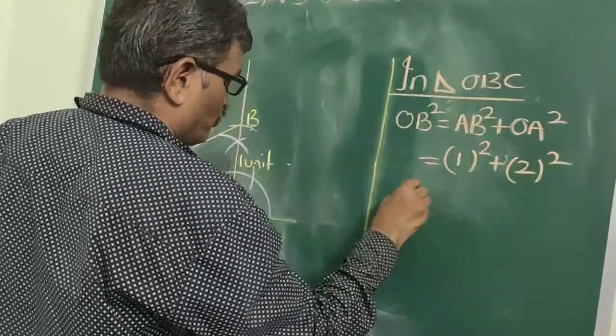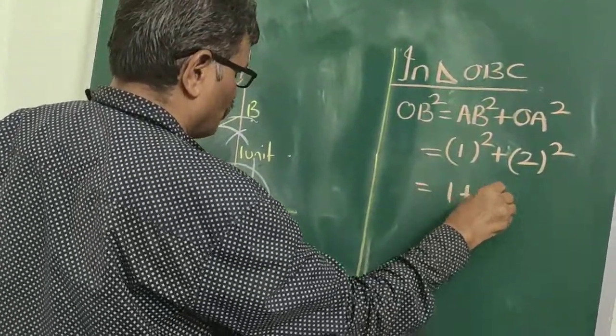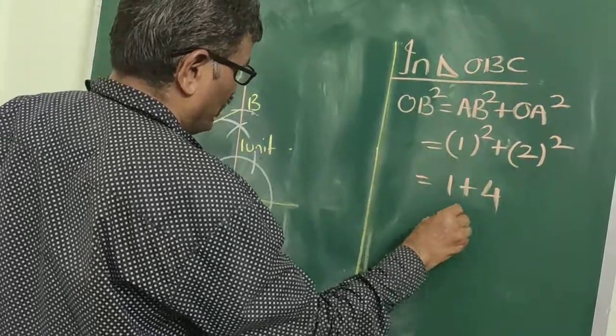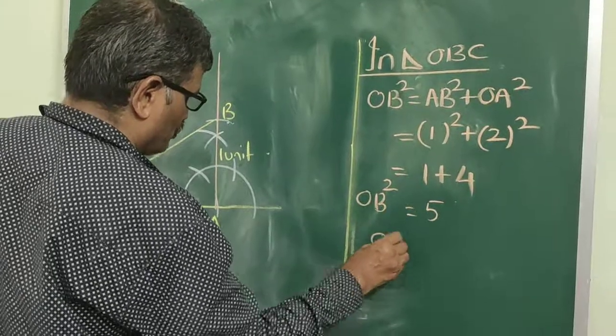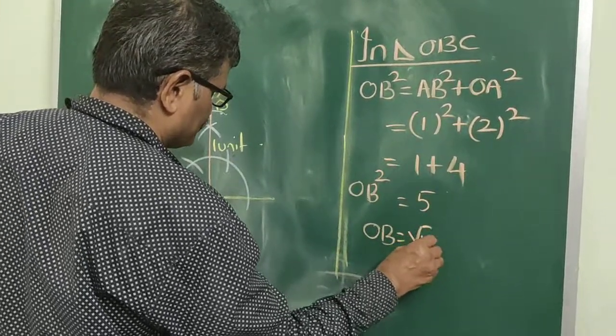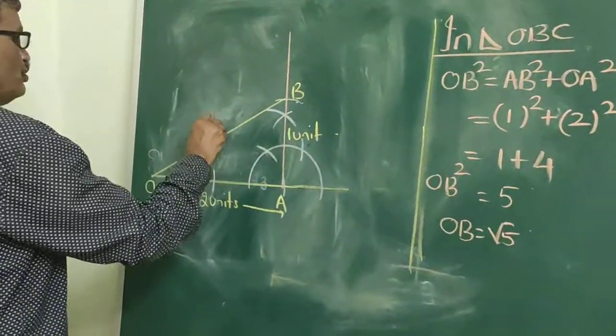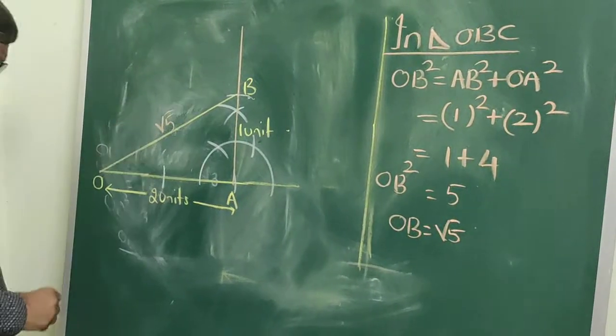So 1 square is 1, 2 square is 4. So 1 plus 4 is 5. So OB square is equal to 5. So OB is equal to root 5. So that means the value of OB is equal to root 5.